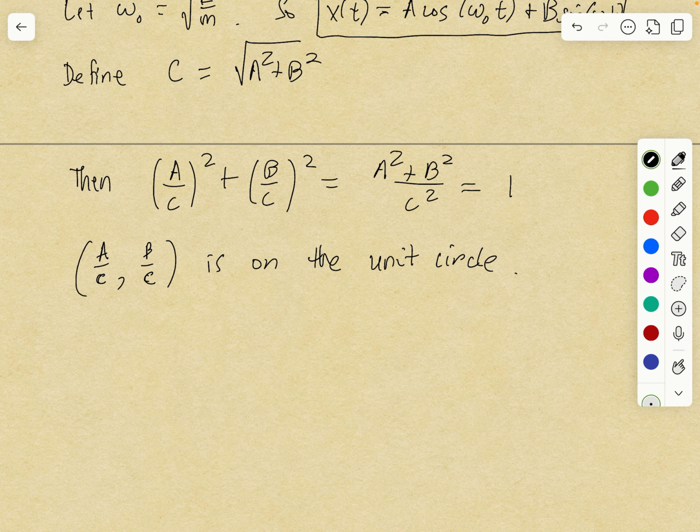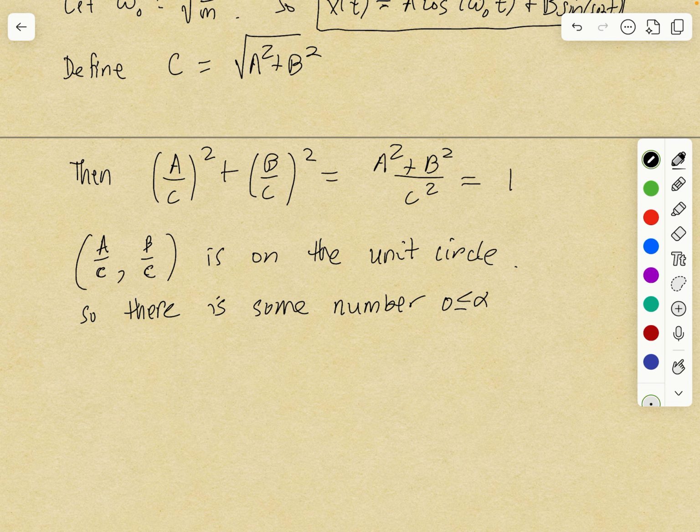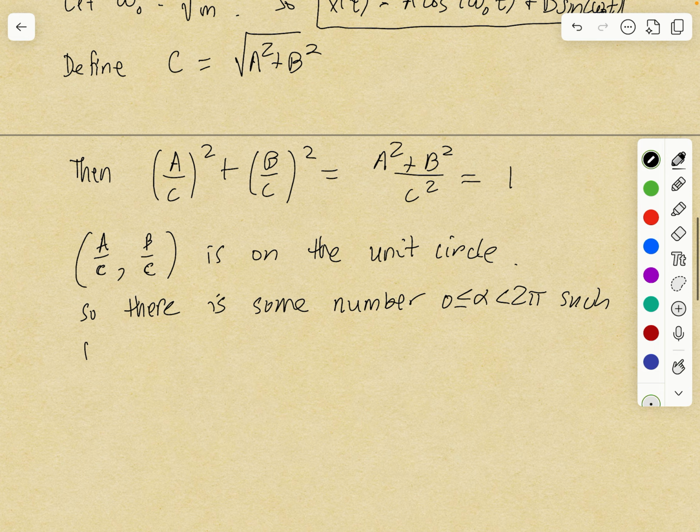So what that means is that we can write this point A over c, B over c as cosine theta, sine theta for some theta. The notation we'll use is alpha. Since this point is on the unit circle, there is some number alpha between 0 and 2 pi such that A over c, B over c is equal to cosine alpha, sine alpha.